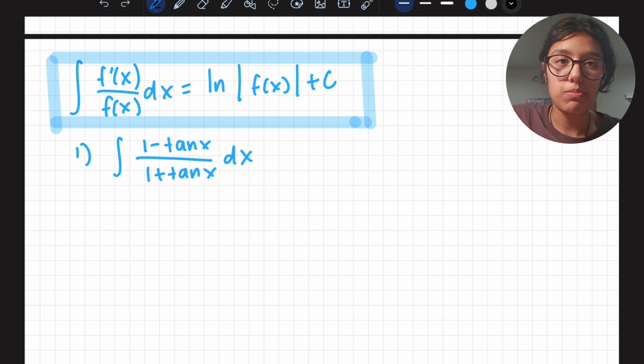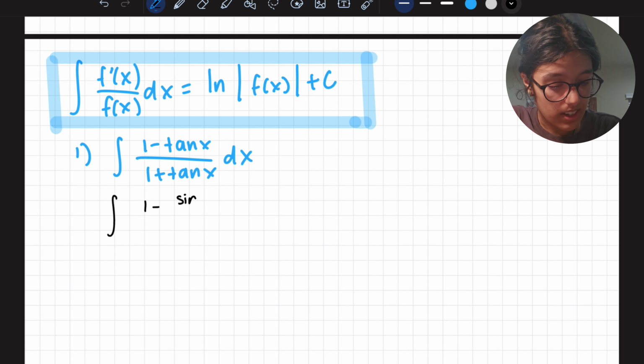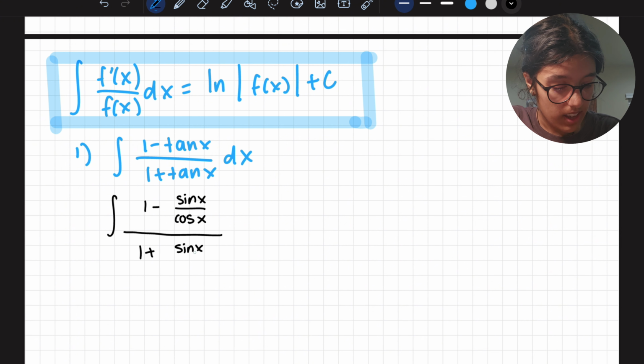So let's actually simplify this. The most noticeable way of simplifying this is that we know tan x is sine x over cos x. So we get 1 minus sine x over cos x, over 1 plus sine x over cos x. And dx stays the same.